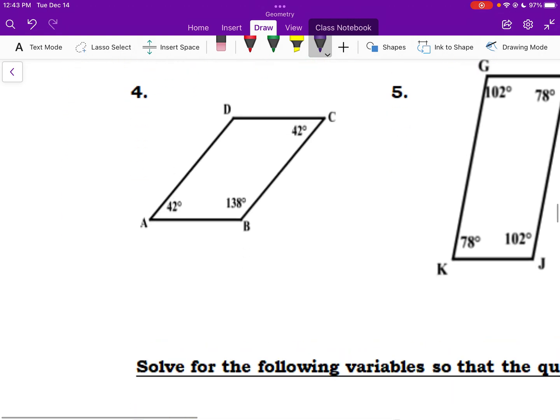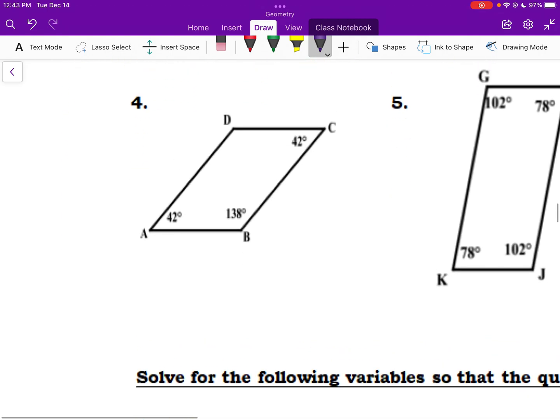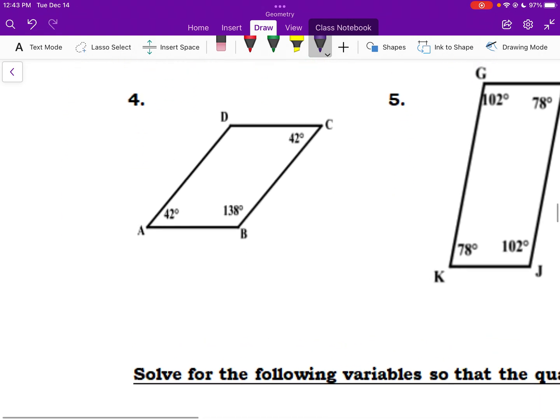Okay, number 4. Looking at the information here, we see that we have two angles which are congruent. Those are my opposite angles. And with respect to this angle here, 138 is also supplementary to both of the angles on its sides. So that's the criteria that we could go off of.